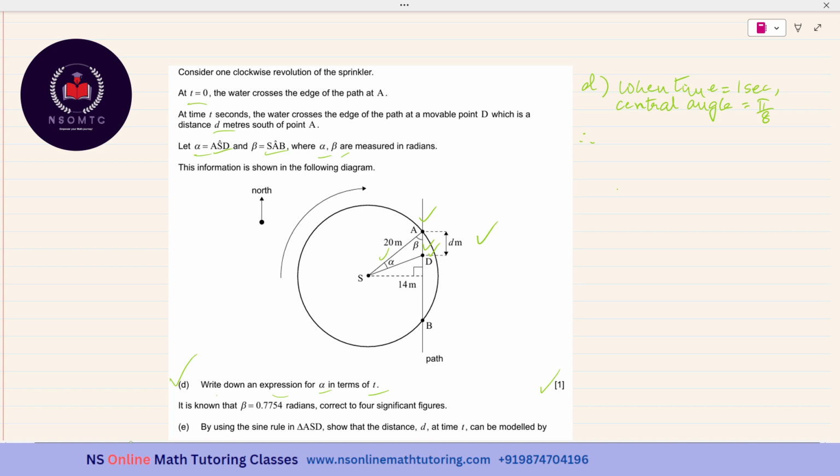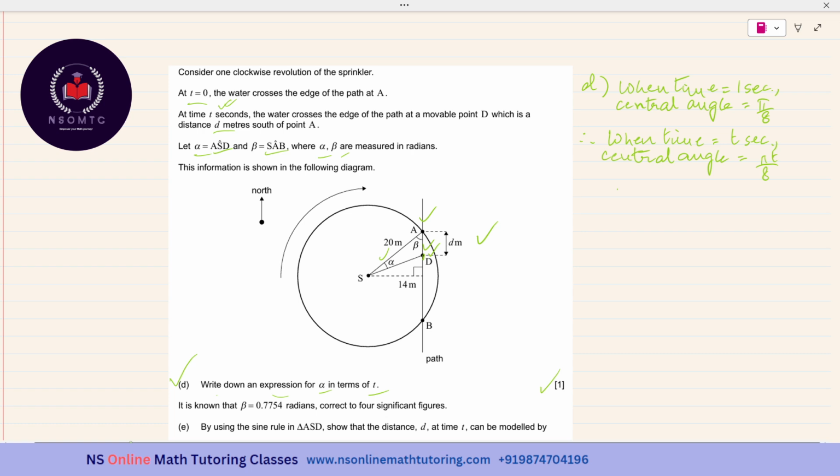Therefore, when time is t seconds, the sprinkler is at this position, and the central angle is equal to pi t over 8, or pi over 8 times t seconds, radians.